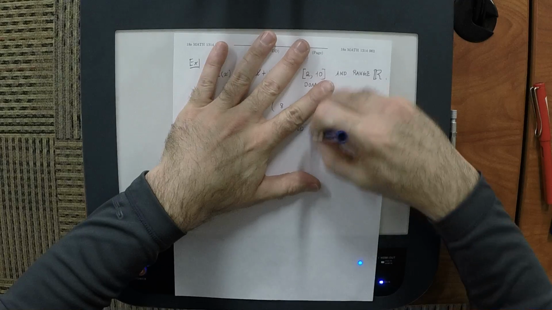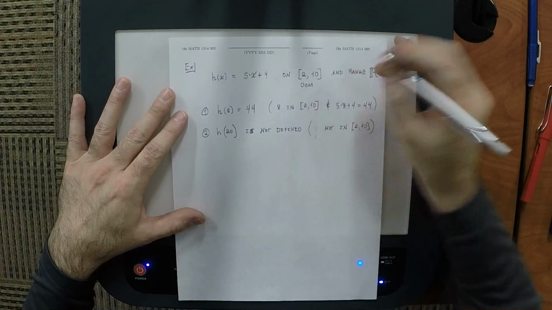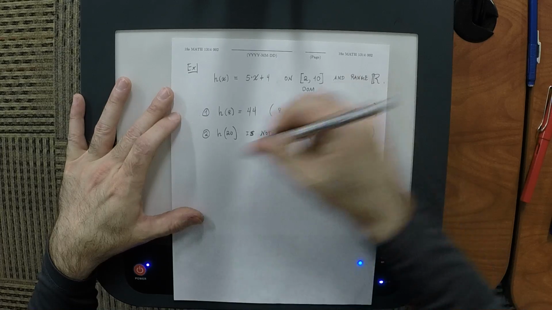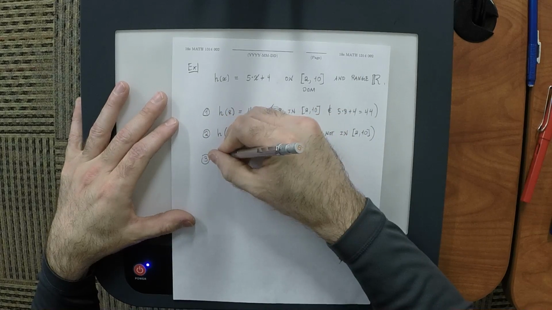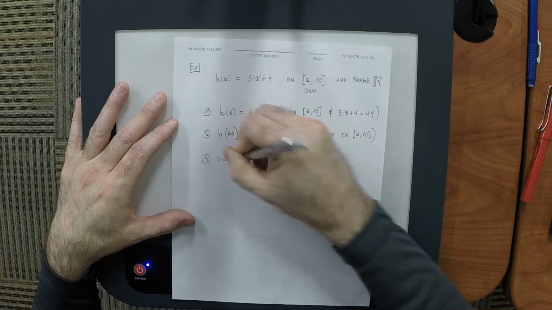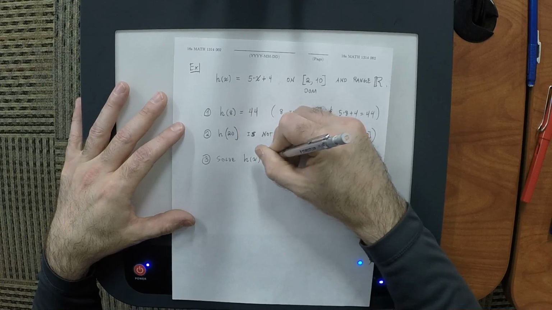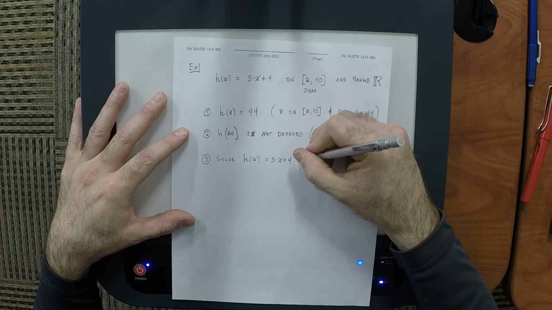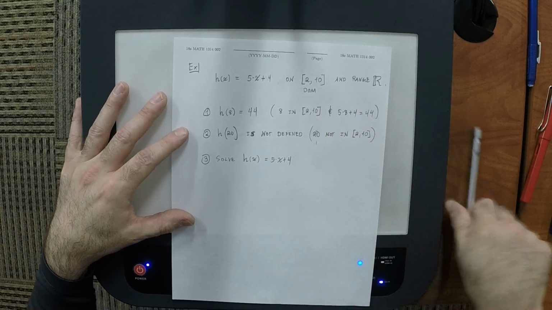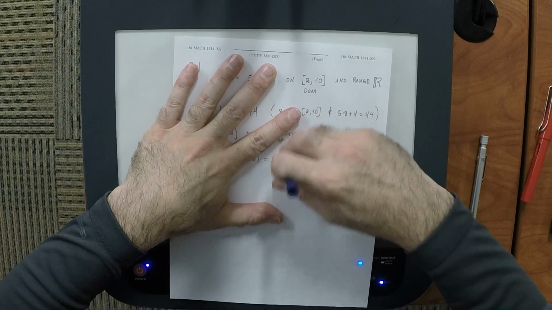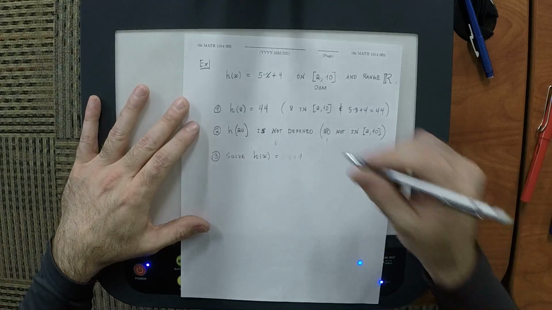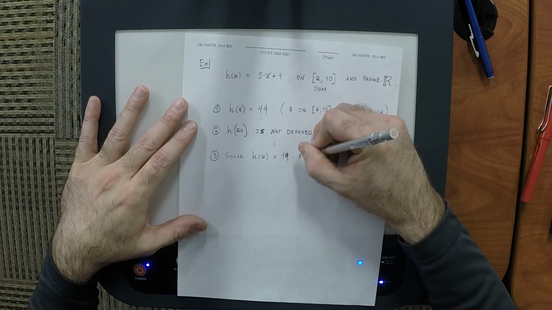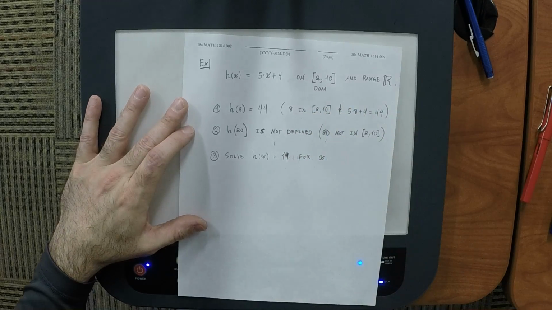Yes. So now the question that you asked, I need to ask 2 more questions to get the point clear. Please solve h of x equal to 19 for x.